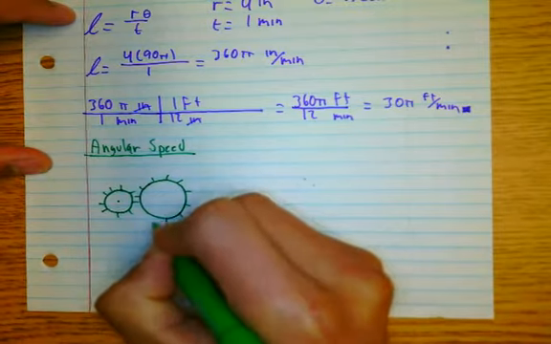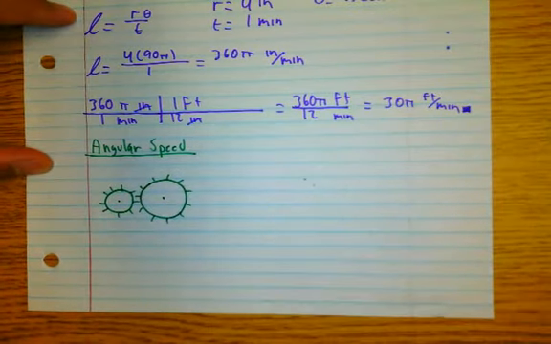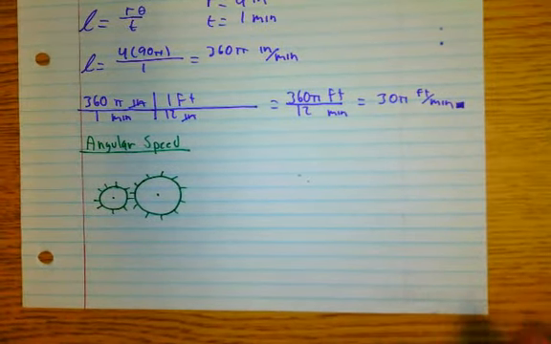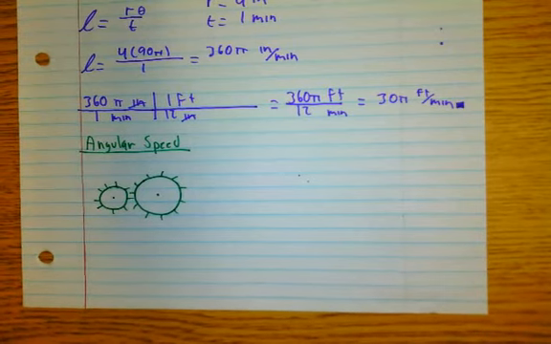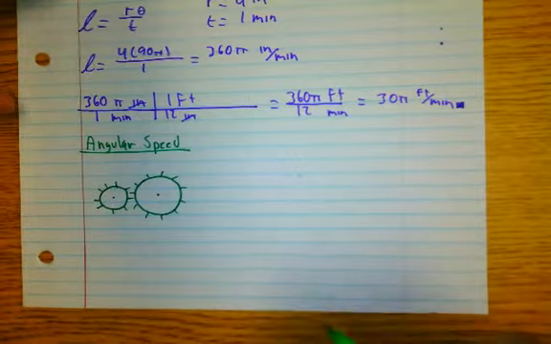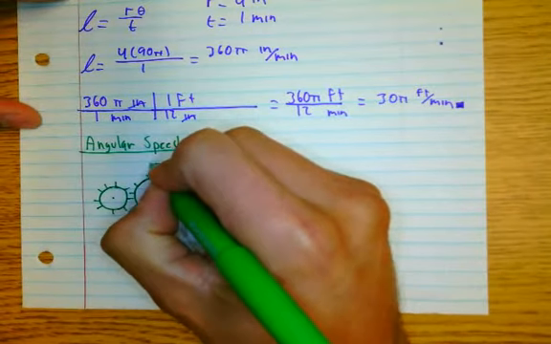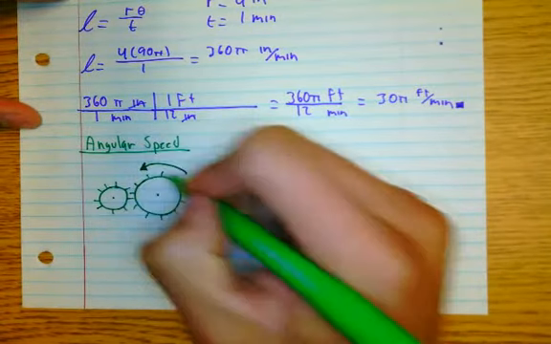In order for these gears to work, there needs to be a certain type of rotation. Otherwise, the mechanism will not work. If this gear is rotating in that direction, how would the smaller gear be rotating?